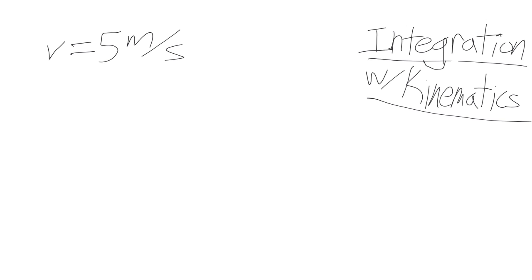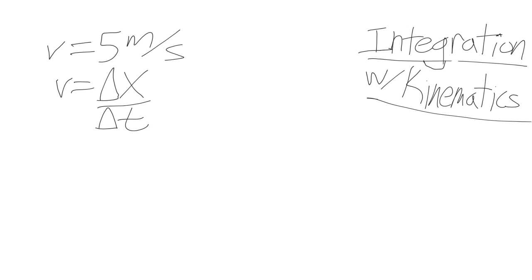Now, velocity, we learned, is also equal to the change in our position over the change in time. Another way to think about this is that for every single second, we gain 5 meters.